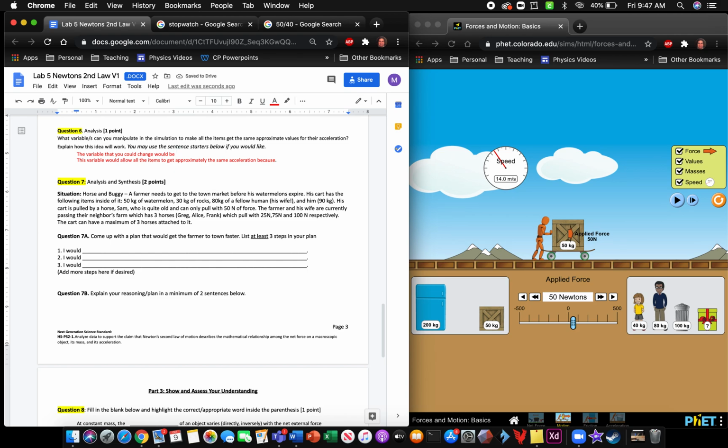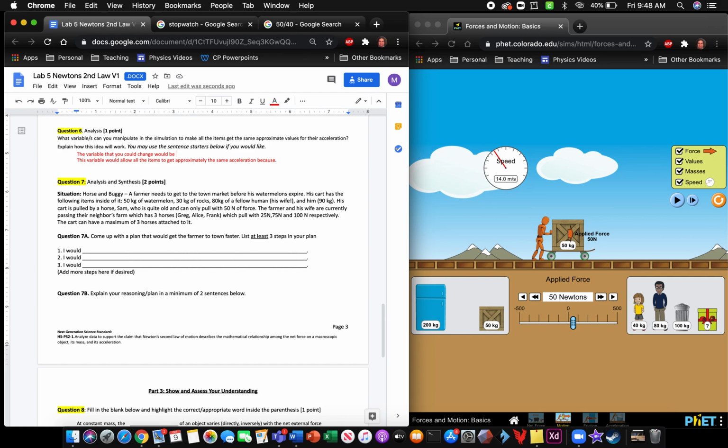So our overall relationship between acceleration and force and mass is acceleration is equal to the force over the mass. Remember, we had two observations that led to this overall equation, acceleration equals force over mass, and those two observations were acceleration is directly proportional to force and acceleration is inversely proportional to mass. Okay?